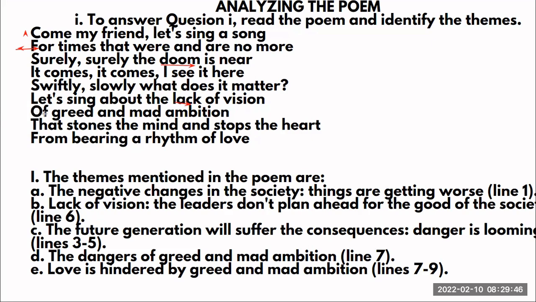So then the next line: "of greed and mad ambition." So we can talk of the theme of greed and mad ambition. And we can look at it as what is really happening. Greed has taken over the society, and a lot of people are so greedy that they can kill in order to get at wealth.